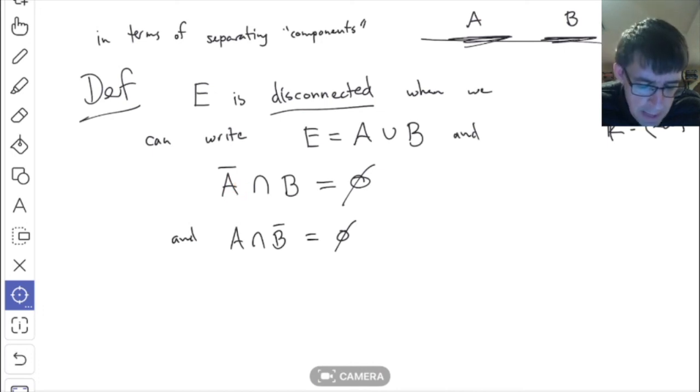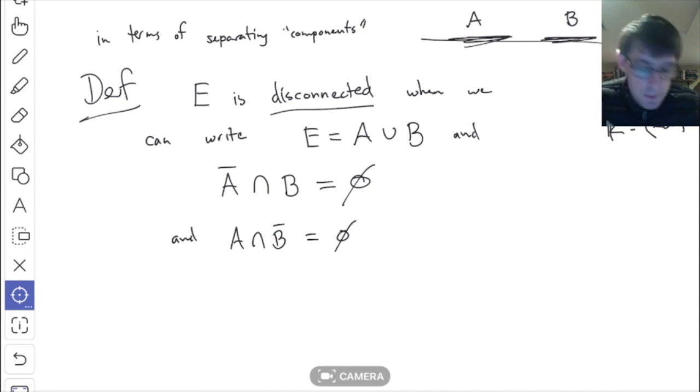So we're saying A and B have no overlaps, they have no points in common, and even if you include the boundary points of A, they do not overlap with any points of B. And similarly here, A intersect B closure has to be empty. That is, A and B share no points, and even if I include all the boundary points of B, they still don't share any points of A. All right.